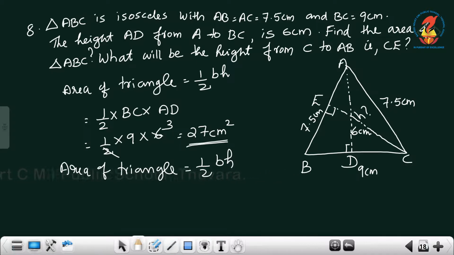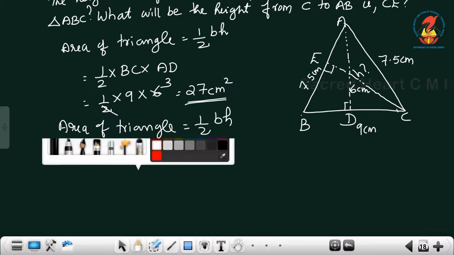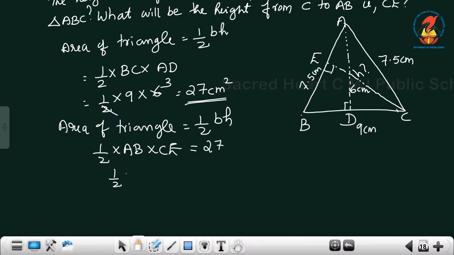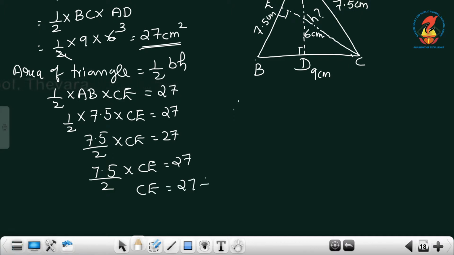But now you should consider AB as a base and height equal to CE. 1 by 2 into AB into CE equal to the area of triangle we already calculated, 27. 1 by 2 into 7.5 into CE equal to 27. 7.5 divided by 2 into CE equal to 27.